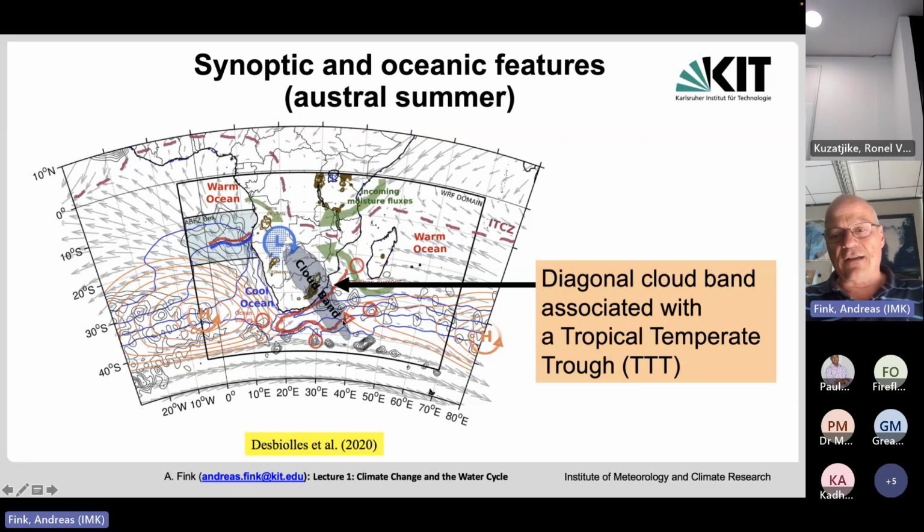They are associated with so-called tropical temperate troughs. I will show you that in the next slide. This is a feature whereby moisture from the tropics can flow southeastward. And it's really very important for the rains in the eastern part of the Republic of South Africa and also in Botswana.